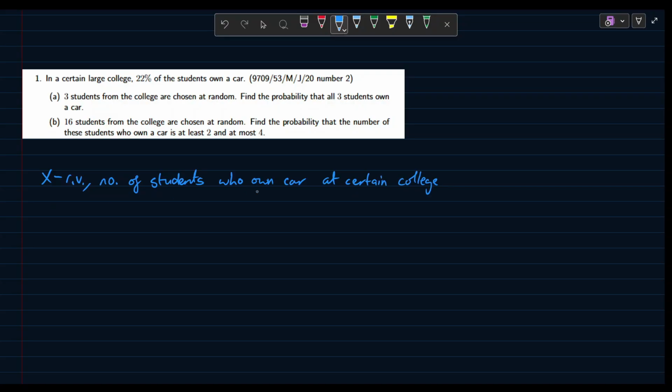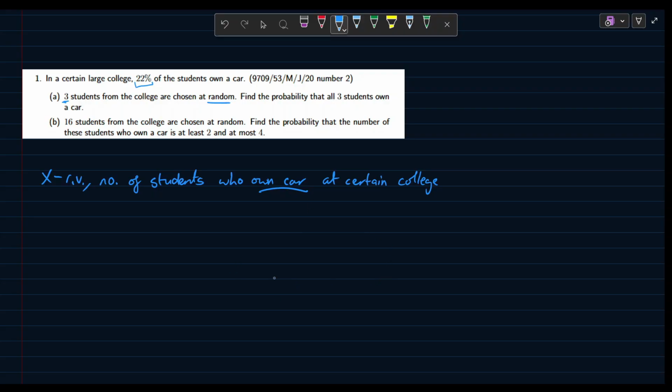And so according to the way we've defined our random variable, x is going to have two outcomes. Either the students own a car or they do not own a car. And the probability of success of a student owning a car is going to be constant. It's always going to be 22%. And the number of trials in this case is 3 students. And since these are random, the trials are going to be independent of each other. The outcome of one trial is not going to be affected by the outcome of another.